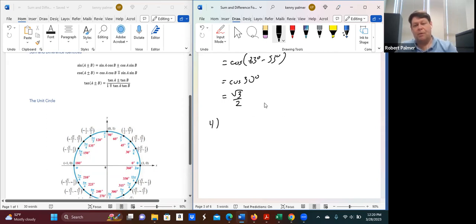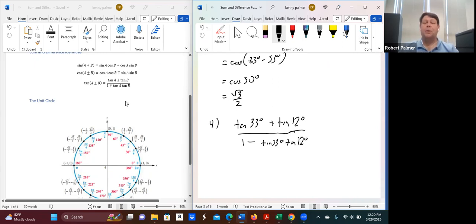Okay. This time in a similar one, let's say we have the tangent of 33 degrees plus the tangent of 12 degrees, over 1 minus tangent of 33 degrees times the tangent of 12 degrees.